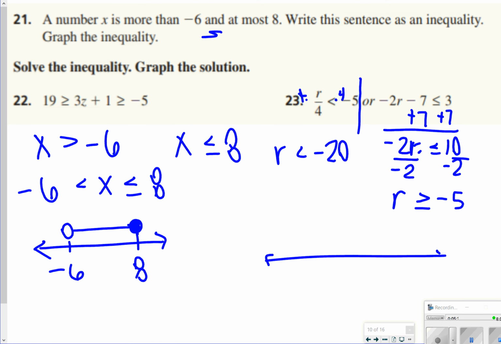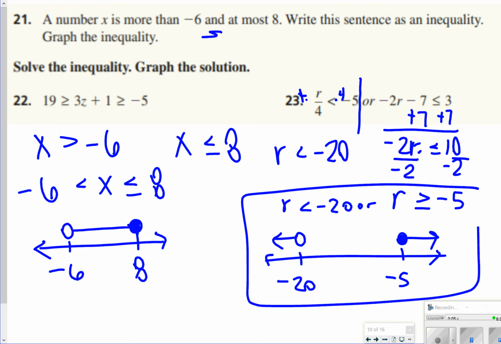So when I plot these, here's negative 20, here's negative 5. Less than negative 20 is an open circle pointing left, greater than or equal to negative 5 is a closed circle pointing right. So r is less than negative 20, or r is greater than or equal to negative 5.